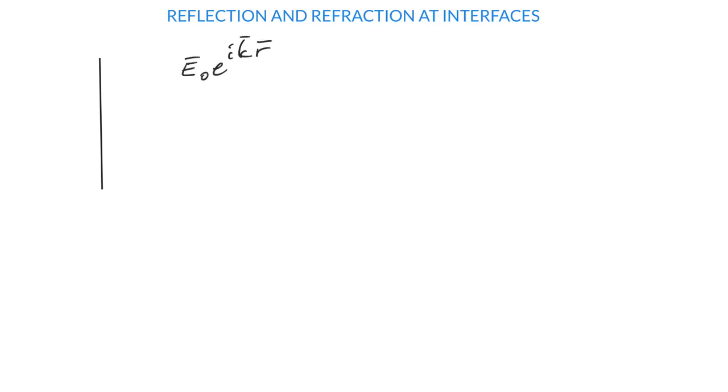Now, for the matching to be at all possible, the projection of k onto the plane of the interface has to be the same for all waves that are being matched. You can't make two sine waves with different periods equal to each other. So then, in our set of waves that are being matched, the k parallel, the projection of the wave vector onto the plane of the interface, has to be the same for all waves in question.